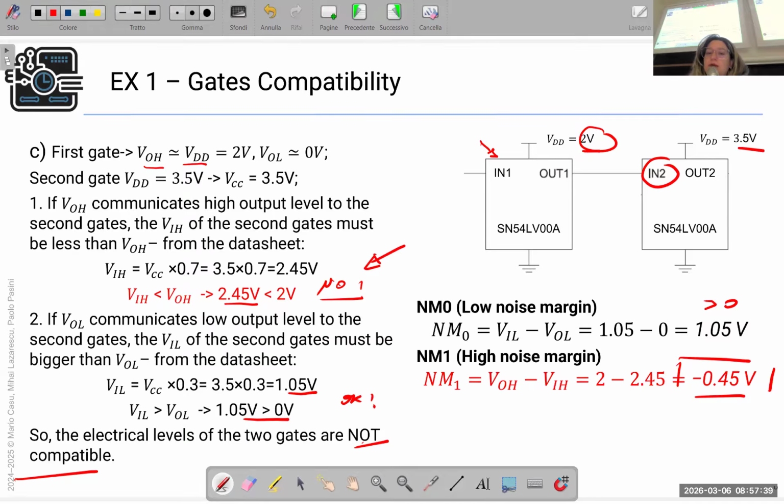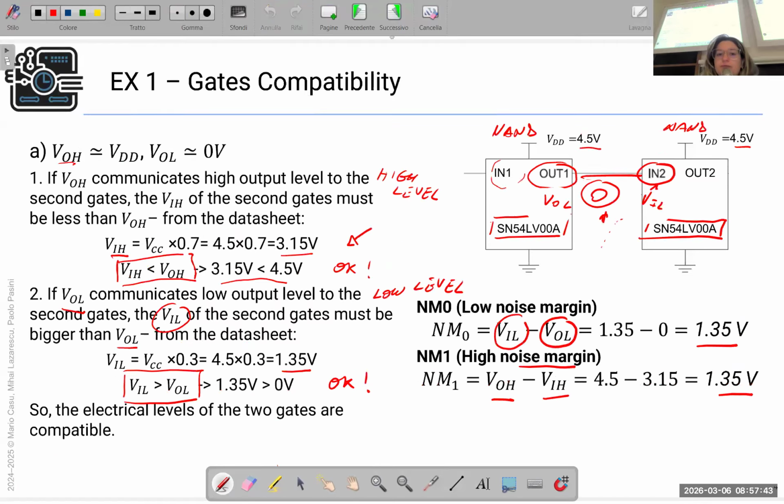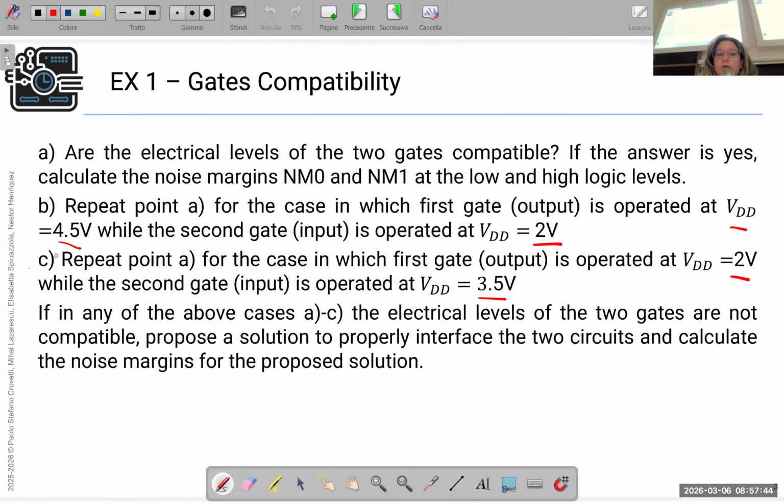Okay. So now let's see what we can do in this case. And we go to the last task. If in any of the above cases, A, C, the electrical levels of the two gates are not compatible, propose a solution to properly interface the two circuits and calculate the noise margin for the proposed solution.